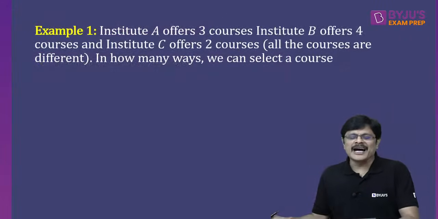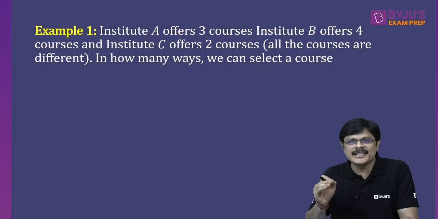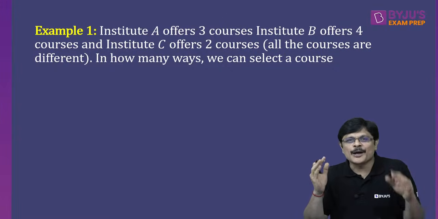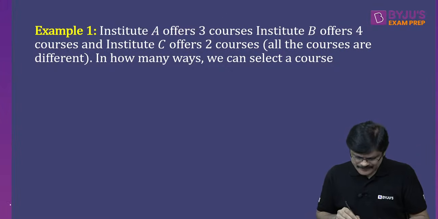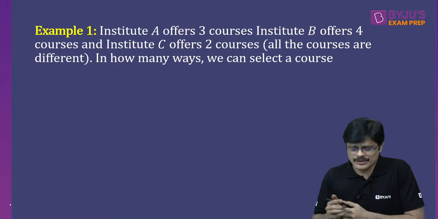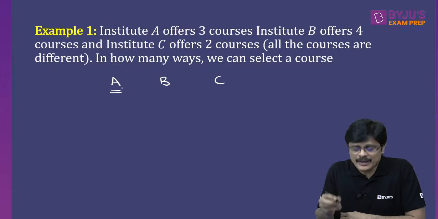So now let us start with the story of today. And this is very, very basic and very, very important, my dear friends. The counting technique is the heart of discrete mathematics as well as computer science students. Now look at this simple example. Institute A offers 3 courses. So there are 3 institutes. One is A, the other one is B, and the other one is C. So they are offering courses.